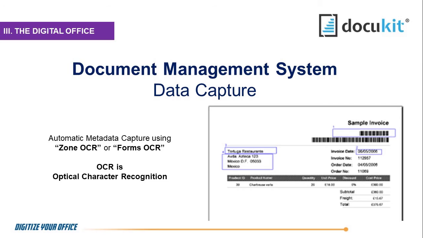The user needs to scan and upload the document, and then the system will automatically input the metadata for you. OCR also means optical character recognition, which is an engine that captures almost all the words inside the document.